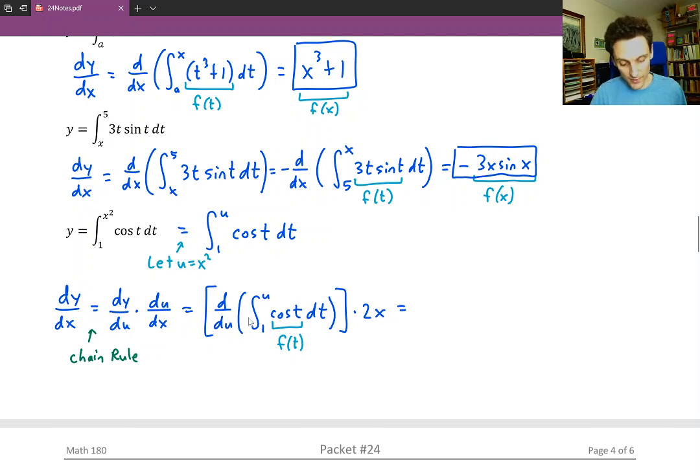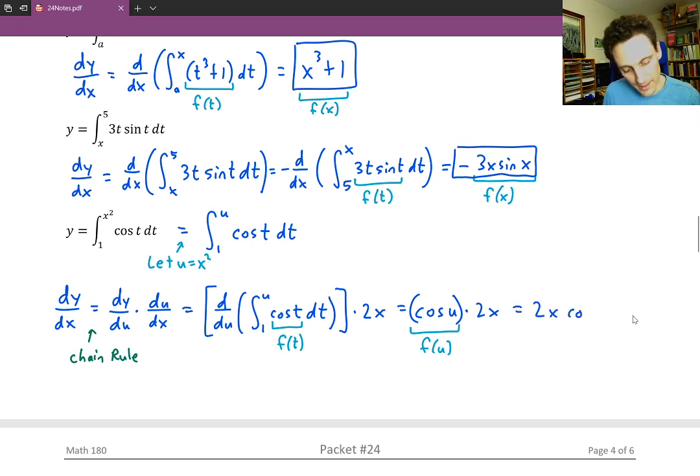And so the fundamental theorem says, well, these two are going to undo each other, and you'll just get f of x, little f of x. But since we're not dealing with x right here, our variable is u, so it's going to be f of u. Cosine u in this case. There's little f of u.